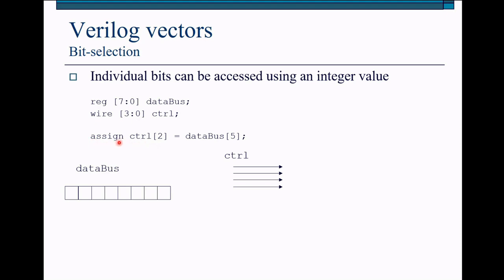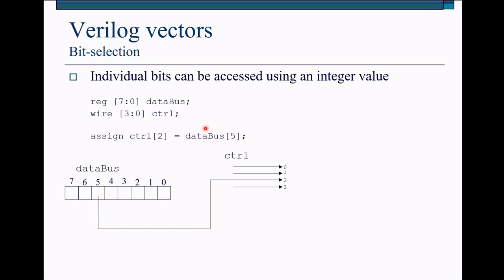It's an assign statement which drives a wire in the control bus. And if you look at the data bus, it's an 8-bit reg variable, and the bit positions are specified as bit position 0, bit position 1, up as far as bit position 7. So bit position 5 refers to this particular bit, and that value is on the right hand side of the assignment.